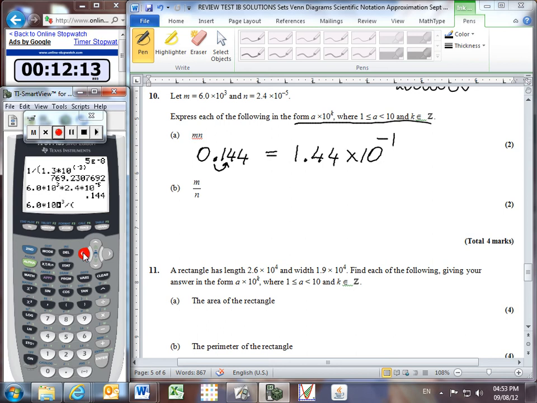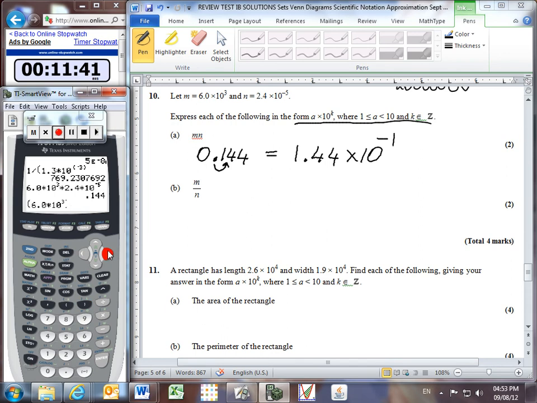Let's go back, and I want to insert parentheses around the entire numerator as well to make sure that the whole thing is treated as a single value. So I've inserted a parenthesis just before the 6, and I want to insert a parenthesis just before the divided sign. And so I'll use second, delete to insert a parenthesis there.